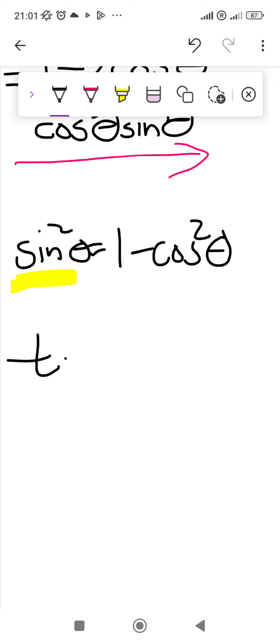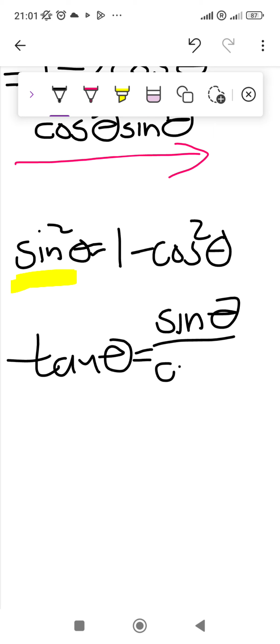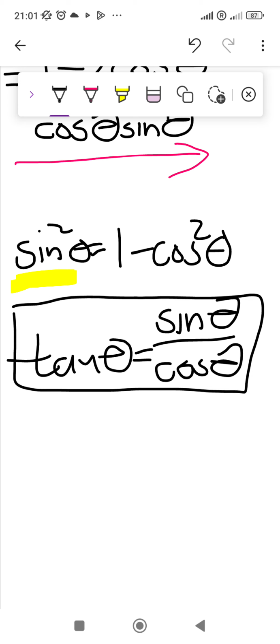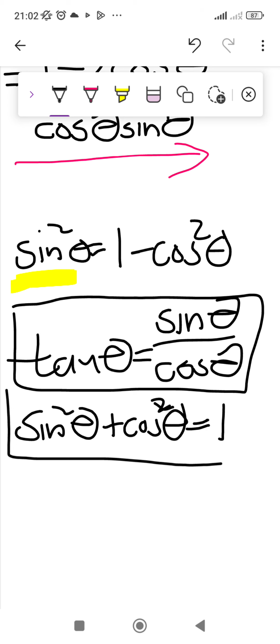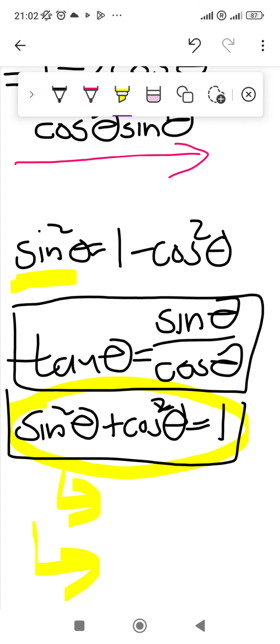The quotient identity is tan theta equals sine theta over cos theta. So it's either this one that you're going to use, or you're going to use sine squared theta plus cos squared theta equals 1, the square identity. This second one has two variations that come from it: either sine is going to be your subject or cos is going to be your subject.